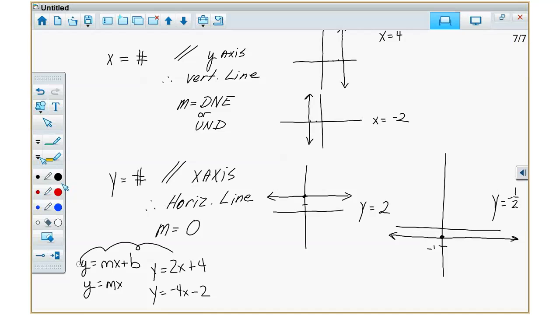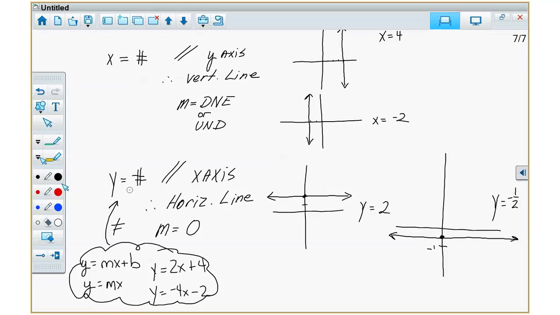These are not that. These have a variable in them. These are equations. This just says y is equal to what? 2. There's no x's, there's no b's, there's no anything. It's just y is equal to 2.